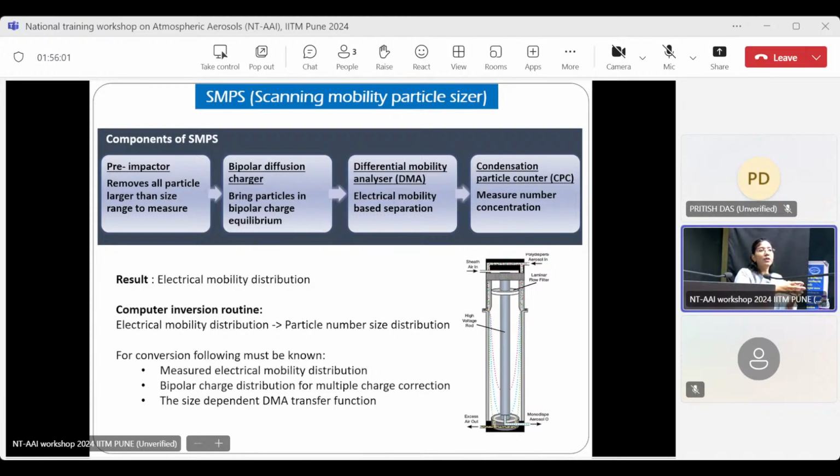What is sheath flow? That is filtered air, which is providing the laminarity, so that your particles which are going to traverse at the outer layer do not go to the central rod, because you are applying voltage at the central rod. So you want your particles from the inlet. That is the inlet, the aerosol in, and from there you want your particles to go to the rod.